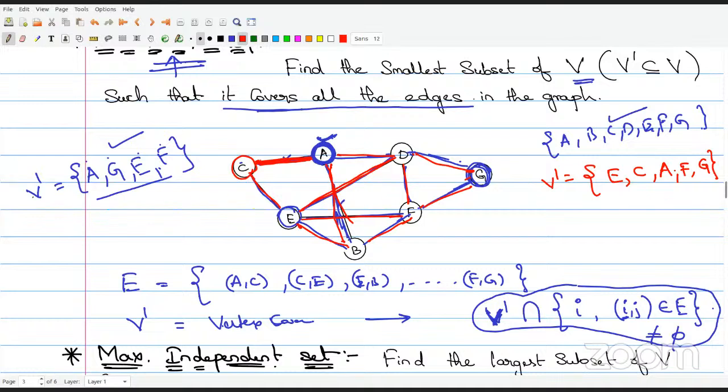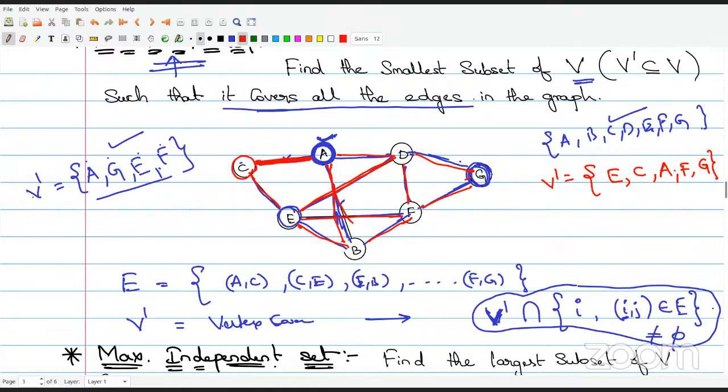You start picking the vertices which have more edges connected to them. And once you pick that vertex, just remove all the edges that are covered. So just look at those edges that need to be covered. And in the next step, you have to pick a vertex with more uncovered edges present at that vertex.